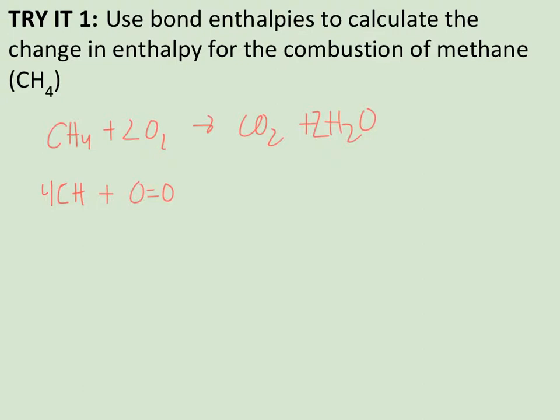So now when I plug values in, CH is 414 times 4, plus the 2 oxygen bonds, 2 times 498, and then the 2 CO bonds are, because they're double bonds, 804.